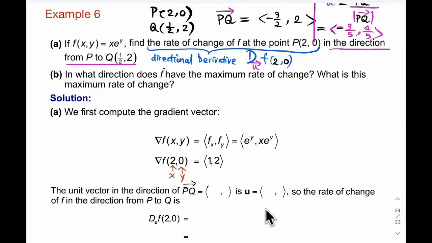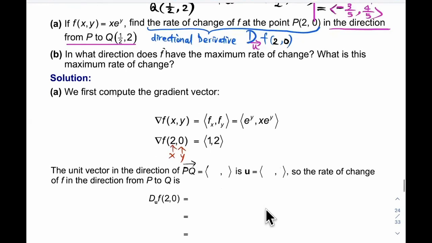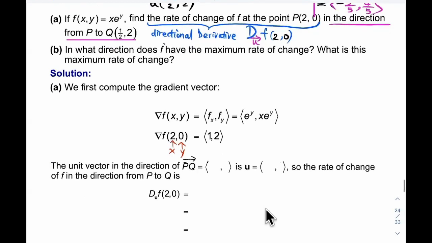Good job. So we found the gradient. We also found this u, the unit vector, the direction vector. This is the direction vector, and this one here is the gradient.